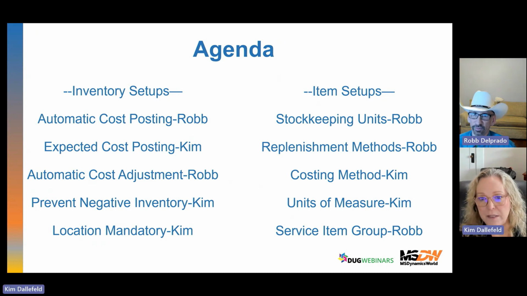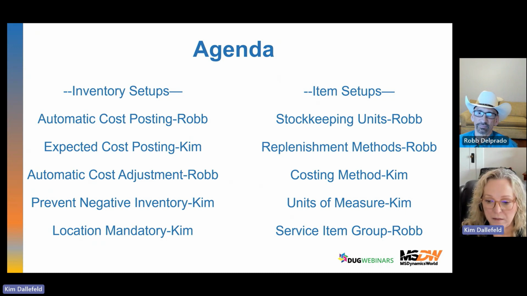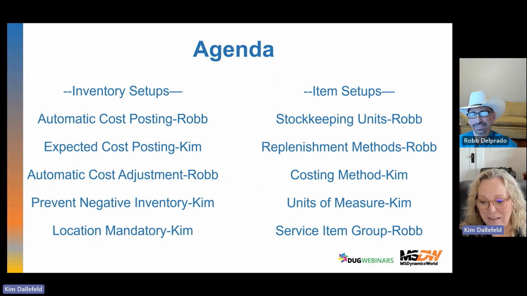And then down in the item setups, we've got stockkeeping units, replenishment methods, costing method, which we could talk for hours on, units of measure, and then service item groups. So I think we're going to cover some really great things for users today.